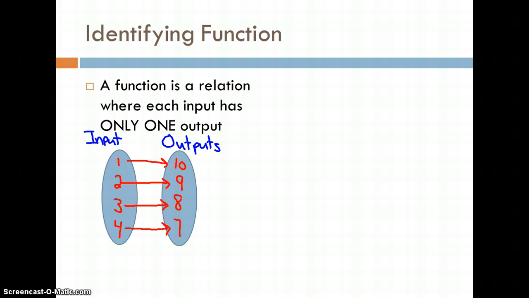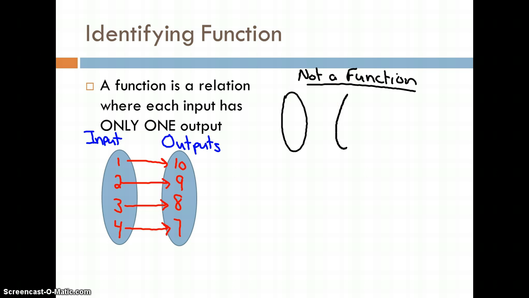Let's compare that to what is not a function, and we'll label that as not a function. Again, we use the same setup here with the mapping. Let's say I have 1, 2, 3, and again I have 10, 9, 8, and 7.